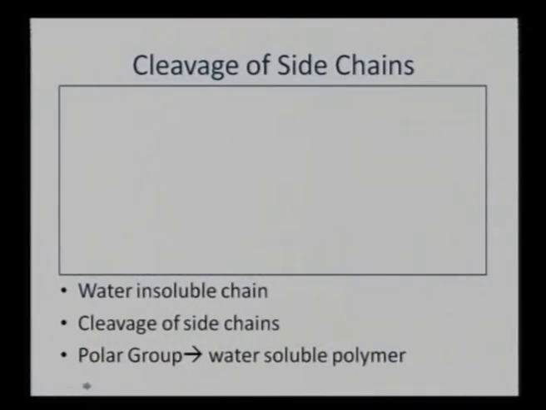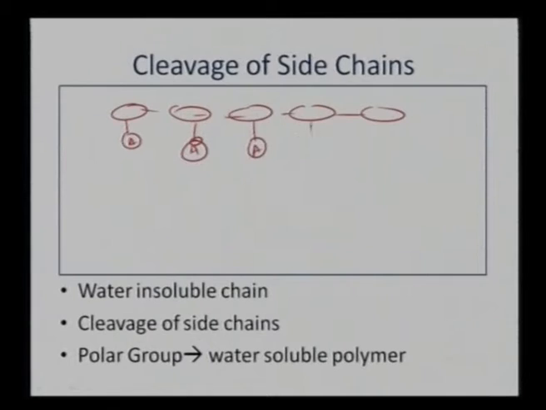And similarly, what can happen in cleavage of the side chains is that we can have an overall chain with certain side chains, and due to non-polarity of this particular polymeric chain, this chain is water insoluble.